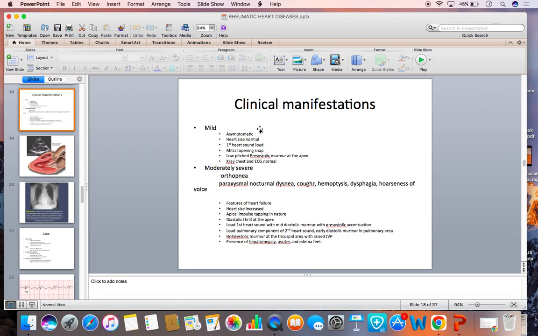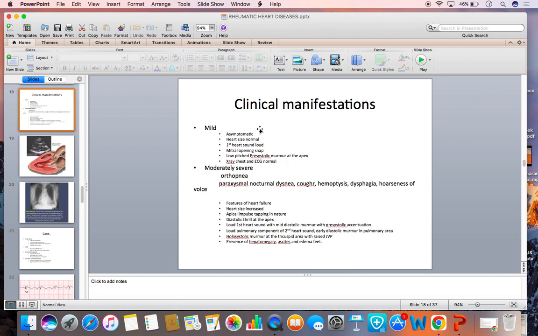Then you appreciate the pansystolic murmur in the tricuspid area and raised JVP. Presence of hepatomegaly, ascites, and edema feet are the other signs of right heart failure. Okay.